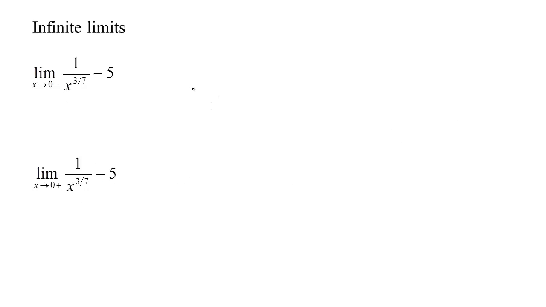Let's do another one. We're going to have the limit as x tends to 0 from below of x to the 3/7 minus 5. So what's happening here is we have a tiny negative number raised to the 3/7 power, and then we're subtracting 5.